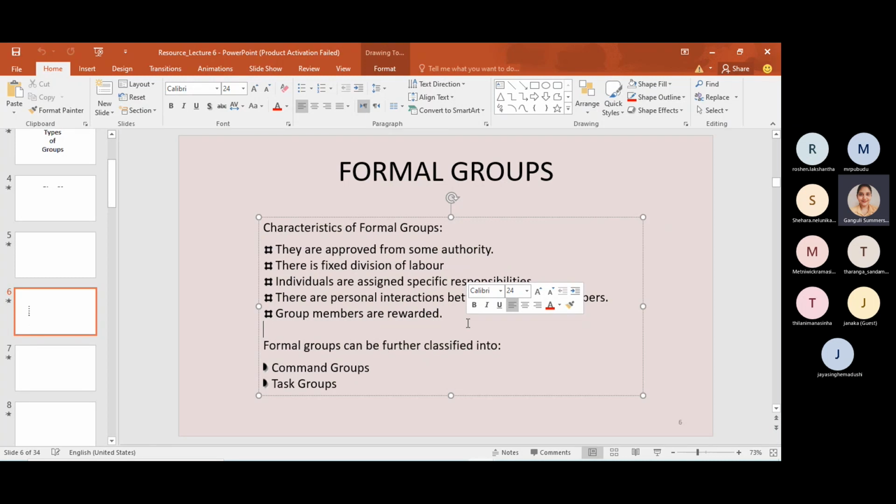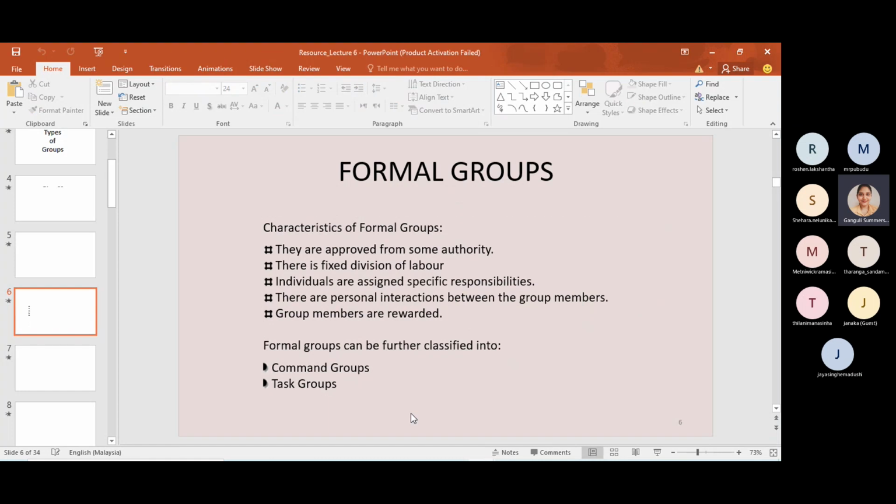But when it comes to formal groups, there is a fixed number of people. If your company tells you that you should have 25 people in the group, you should have only 25, not less than 25, not more than 25.